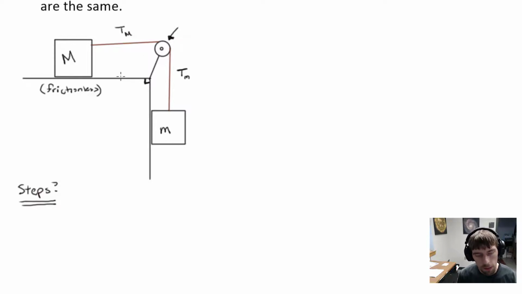And the question becomes then, what forces cause that pulley to rotate? So if I'm thinking about the pulley as the system for a moment, what forces act on the pulley? You say right away, or hopefully right away, there's tension from little m, there's tension from big M. There's those two tension forces.